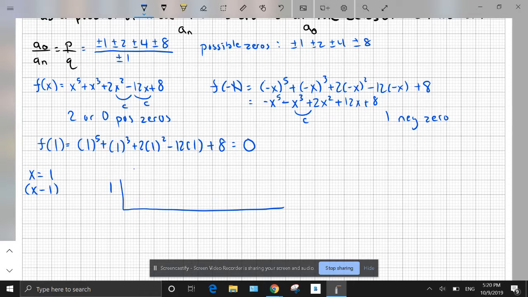So let's use synthetic division. I'm going to list the exponents: x to the 5th, x to the 4th, 3rd, 2nd, 1, and then your number. So x to the 5th is 1. What follows is x to the 4th. It's missing, so it's 0. X cubed, 1. X squared, 2. X, negative 12, and then we have 8.